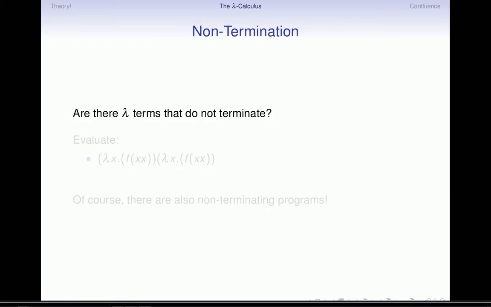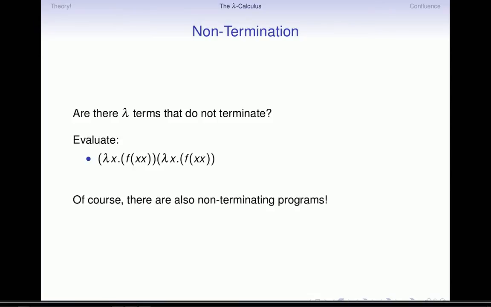Of course, where there is termination, you could also ask the question whether there are lambda terms that do not terminate. For example, you can evaluate the following term: lambda x. f x x applied to lambda x. f x x.